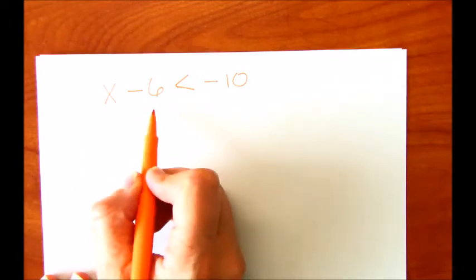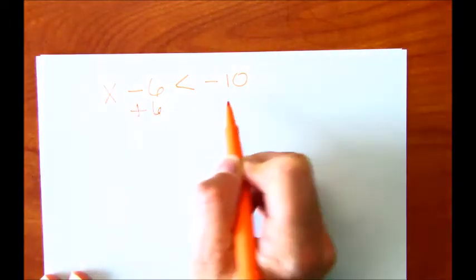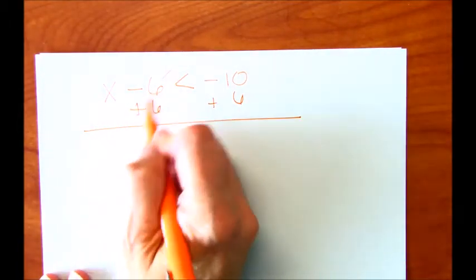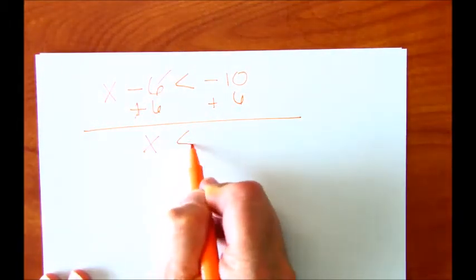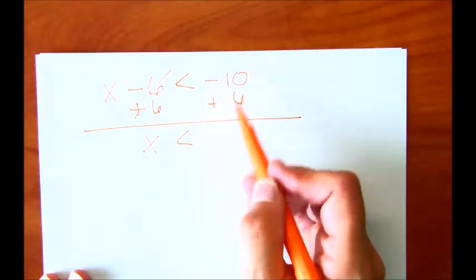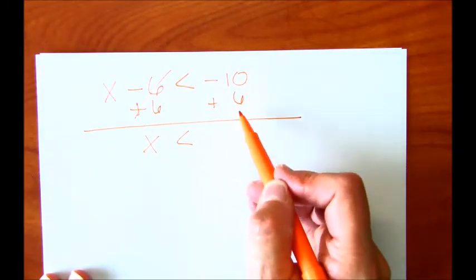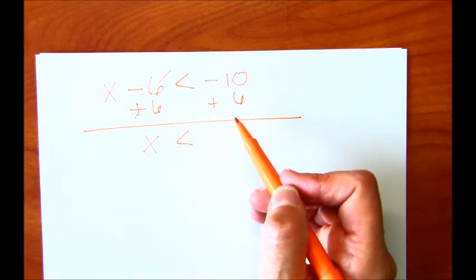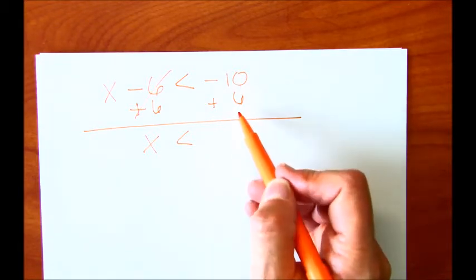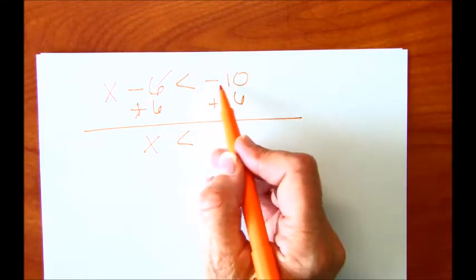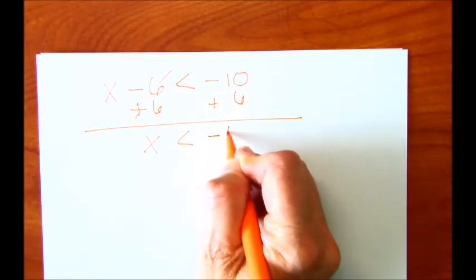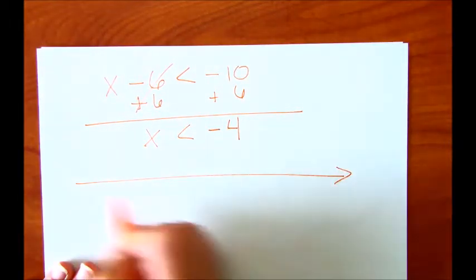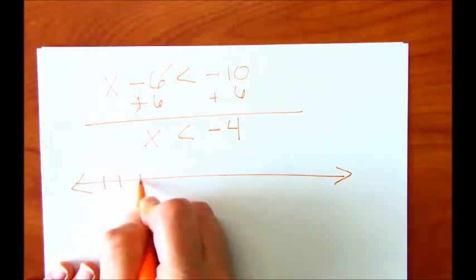So we add 6 to both sides, and this is going to cancel, so we have x is less than, and we've got a negative plus a positive. We're always going to subtract in that situation, and then the answer will take the sign of the larger number. So 10 minus 6 is 4, and because we've got a negative 10, that's going to be a negative 4. So x is less than negative 4.